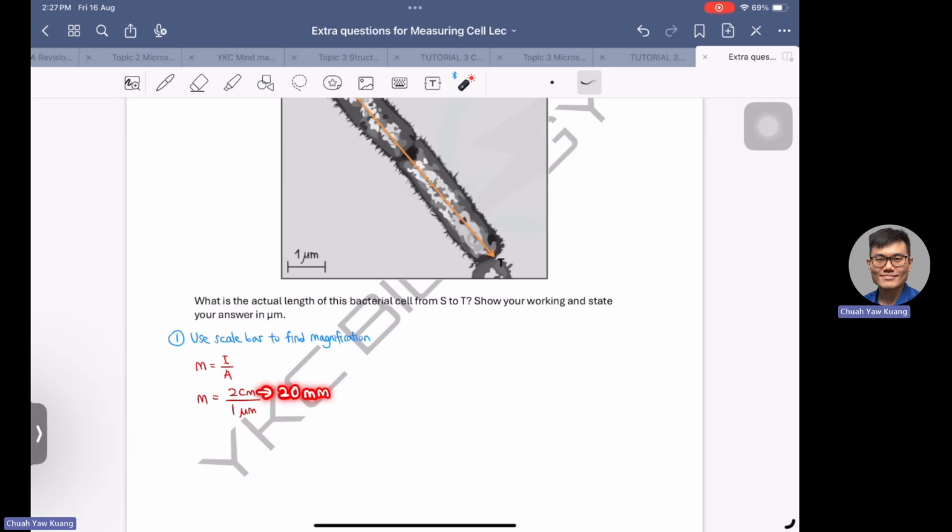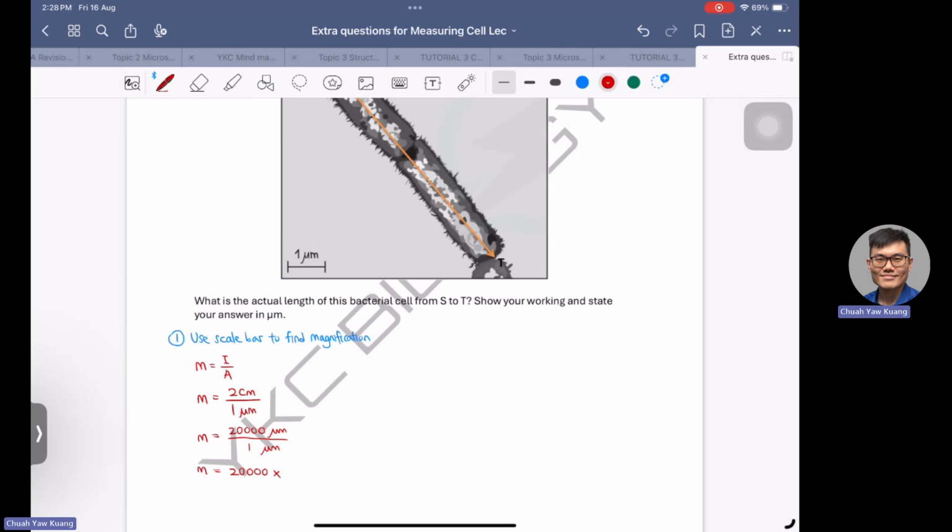Then from millimeter to micrometer we times another 1000, so 20 times 1000 becomes 20,000 micrometer. So magnification equals 20,000 micrometer divided by 1 micrometer, which is 20,000 times magnification.